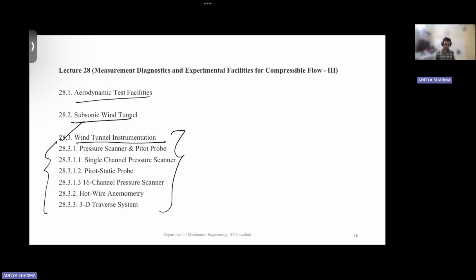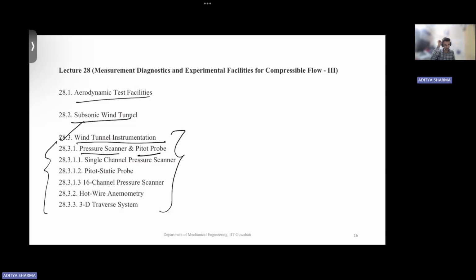Then wind tunnel instrumentation has been discussed. What is there in wind tunnel instrumentation? Pressure scanner and pitot probe are there. So the picture of your pitot probe you can see in slide number 12 of lecture number 28.